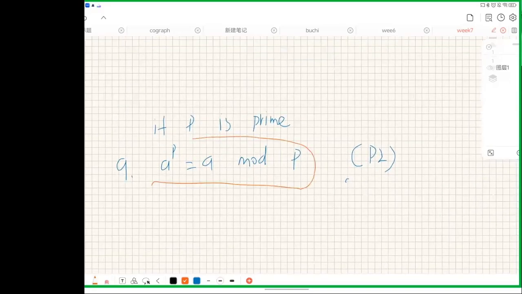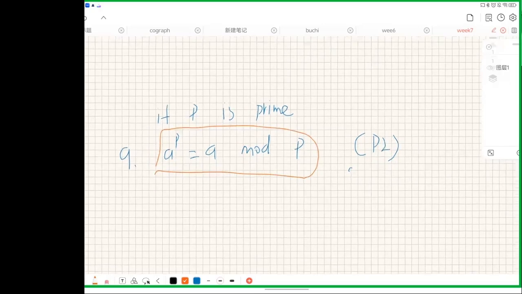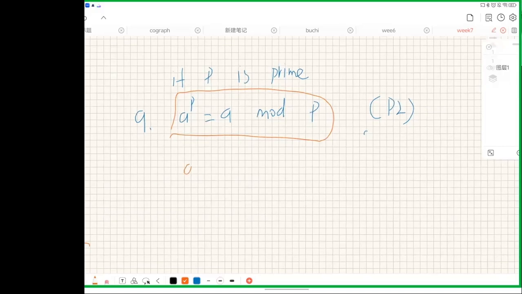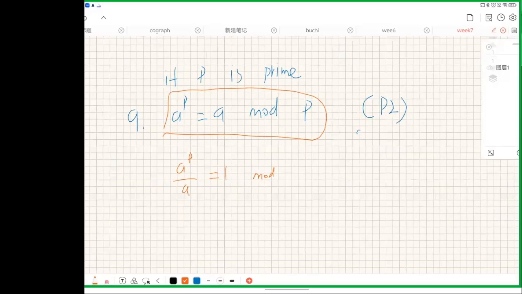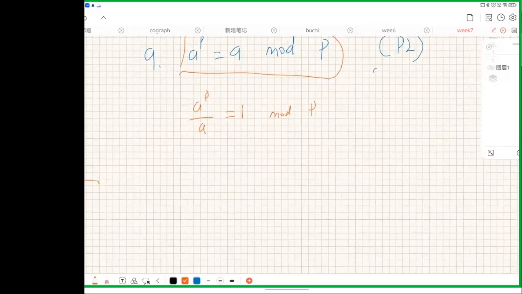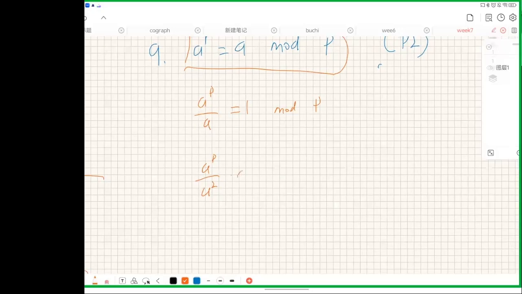From problem 2, which we jumped off, we know Fermat's little theorem, which shows that a to the power p equals a mod p when p is a prime. So when p is a prime, what do we know? We know that a to the power p over a equals 1 mod p. And so a to the power p minus 2 times a equals 1 mod p, right? What does that mean?